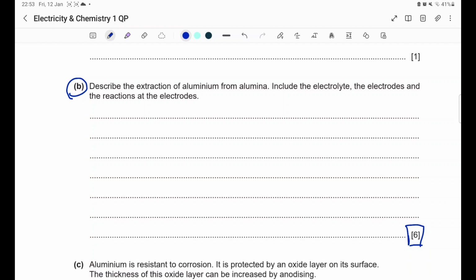So describe the extraction of aluminum from alumina. So the electrolyte is going to be alumina, obviously, and this is going to be dissolved in molten cryolite. Now, usually there are a lot of questions in IGCSE, and the question is 2 marks or 3 marks, as to why you dissolve alumina in molten cryolite.